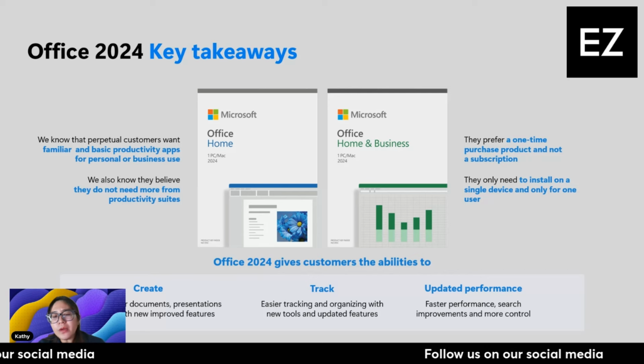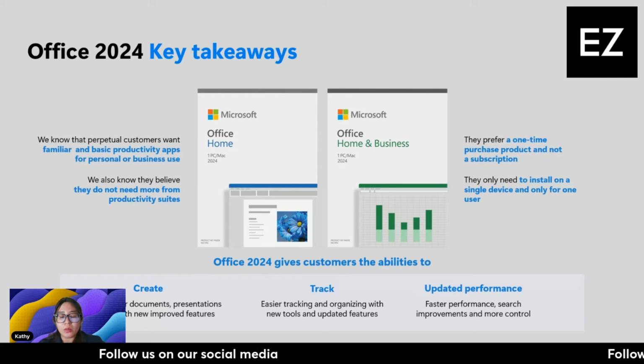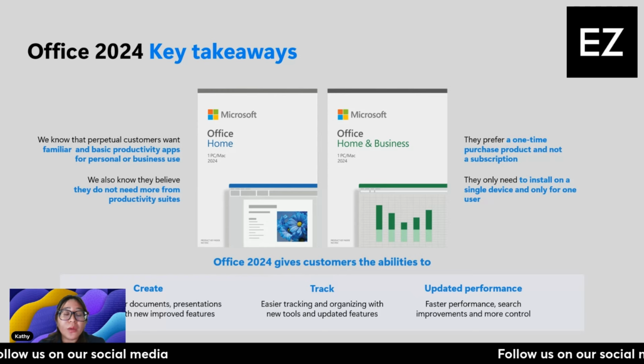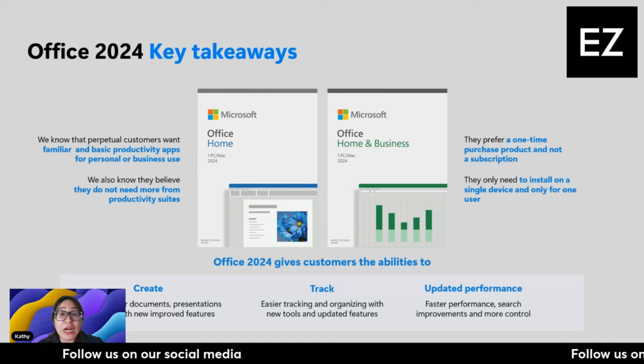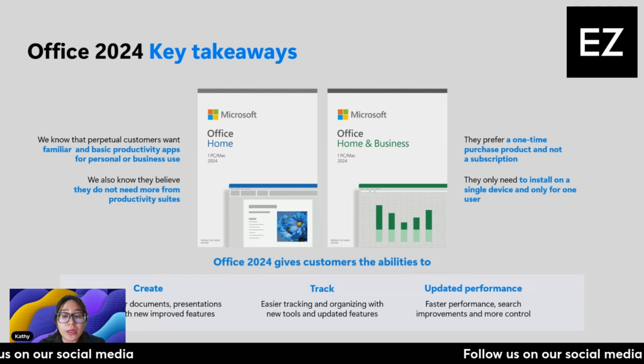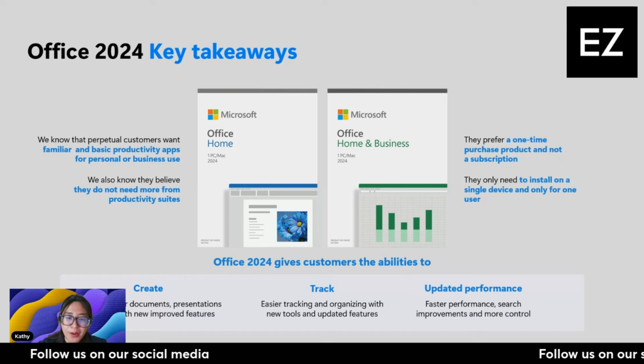But if you feel like you really want the newer features, because they're something that you will use, then go for the 2024 version. Unfortunately there is no free upgrade if you're using 2021, but you can go check it out. Go to your nearest retailer, check out the Office Home 2024.